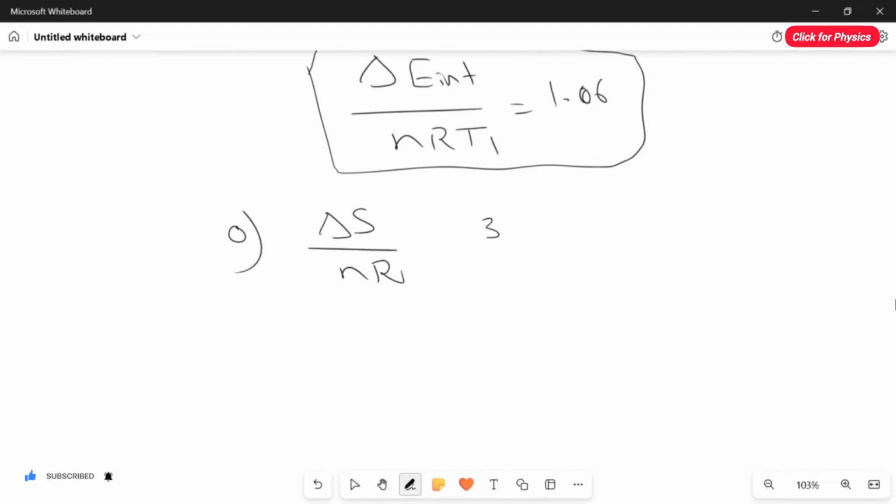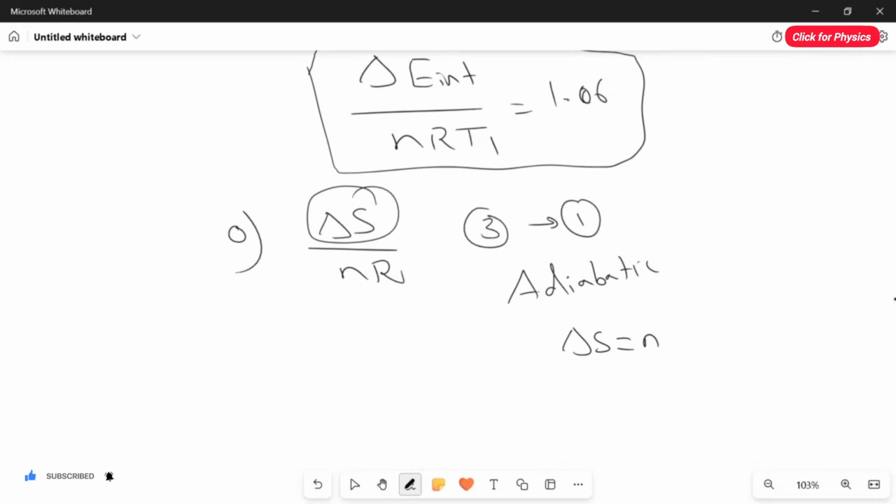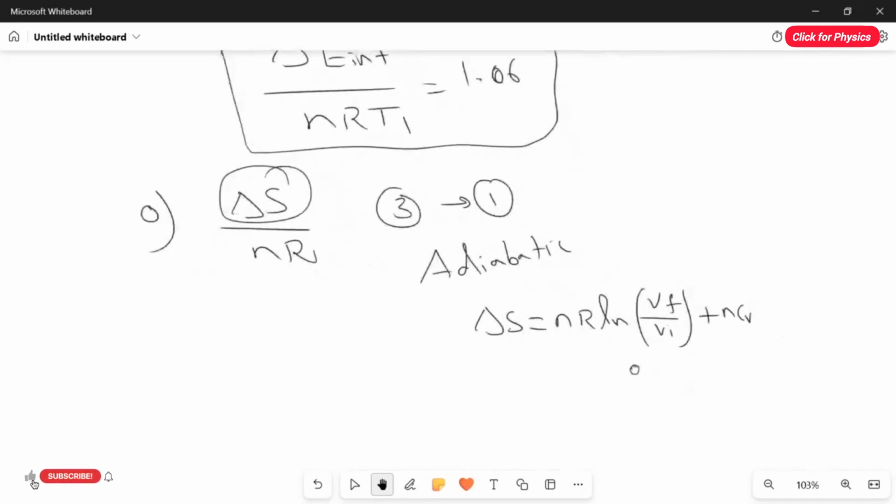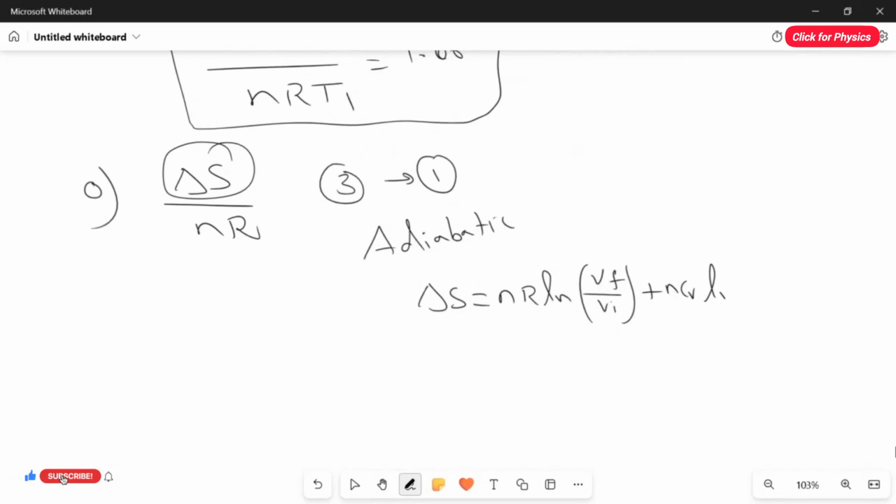As we are already on the process 3 to 1, which refers to adiabatic, the change in entropy, delta S, is given by nR natural log of V final over V initial, plus nCV natural log of T final over T initial. So this rule we have to use here.